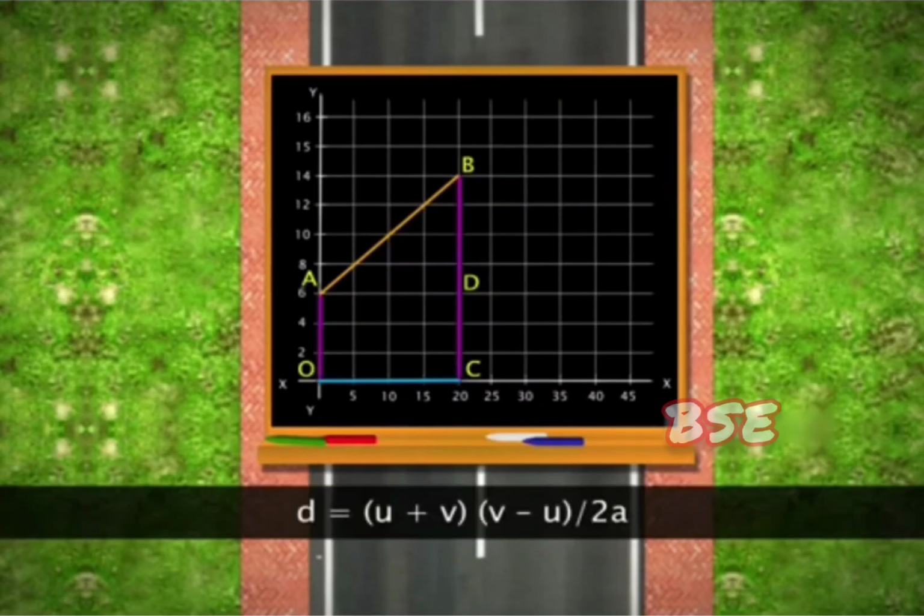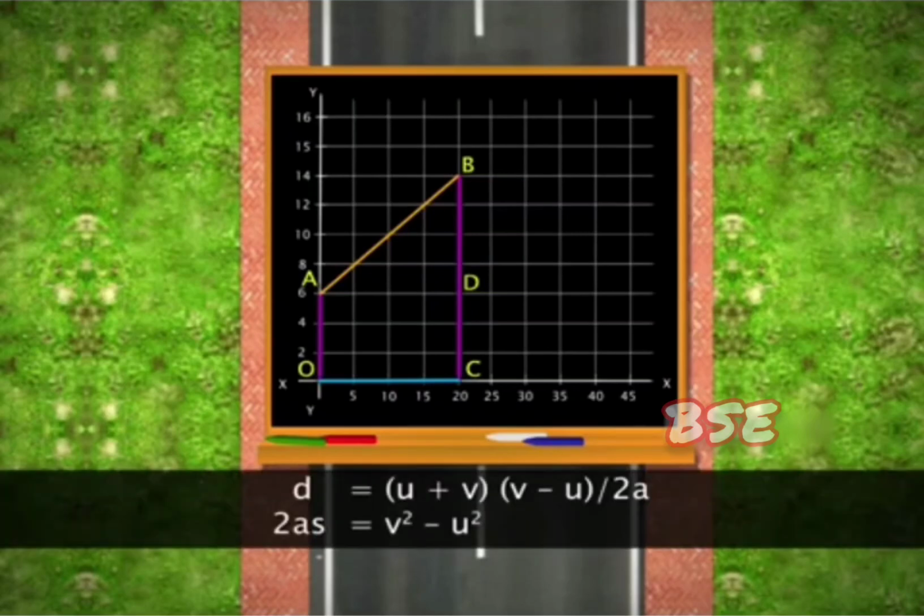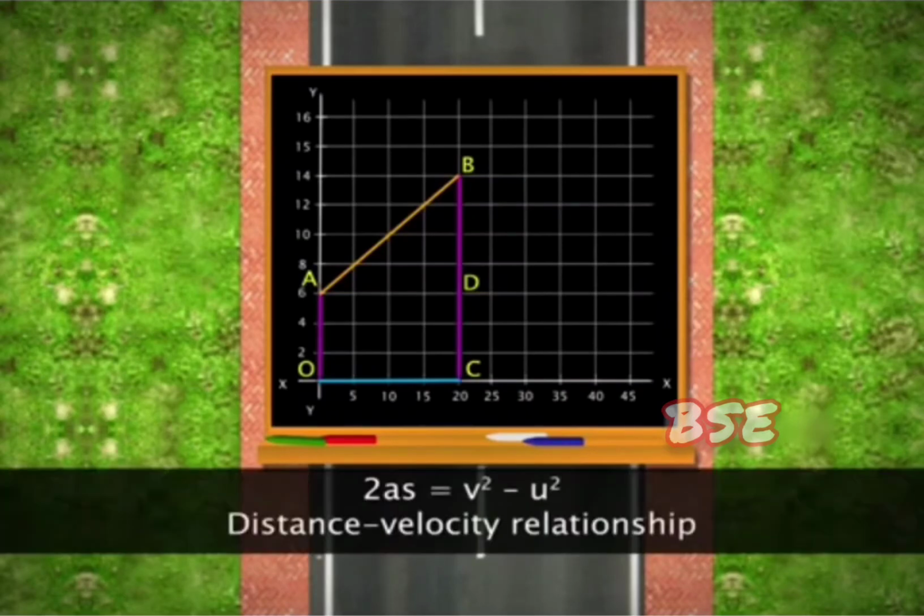This is the equation for distance traveled after the substitution. Resolving this, we get this as the equation for distance traveled. This equation represents the distance-velocity relationship.